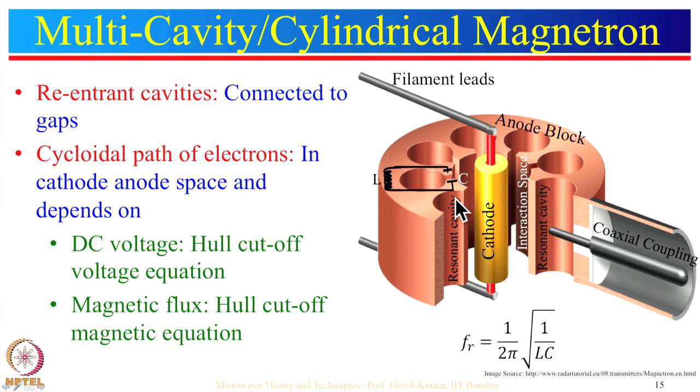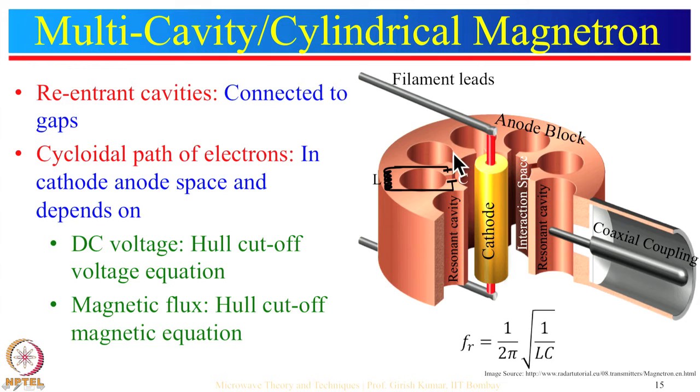There are 8 to 20 cylindrical cavities all around the circumference of the cathode, and those cavities are called resonant cavities or reentrant cavities.